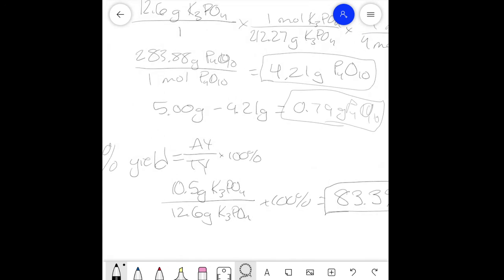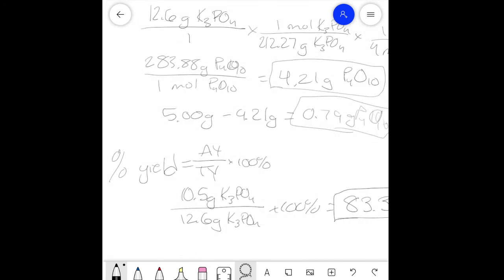Yeah. So for the excess problems, I forgot to mention, you can start with the product and go backwards, or you could also start with the limiting reactant and work backwards. You'll get the same answer. I just know Ms. Mock likes to start from the product, so that's what I tend to do. But yeah, that would be the most complicated problem you would have with limiting reactants.